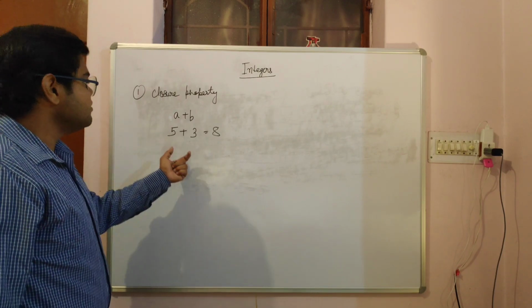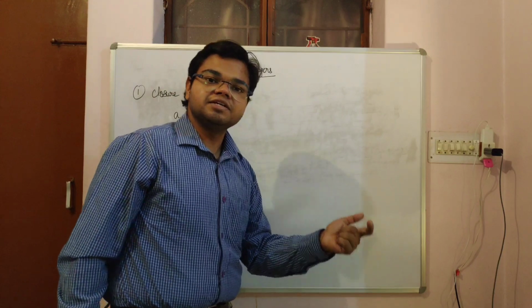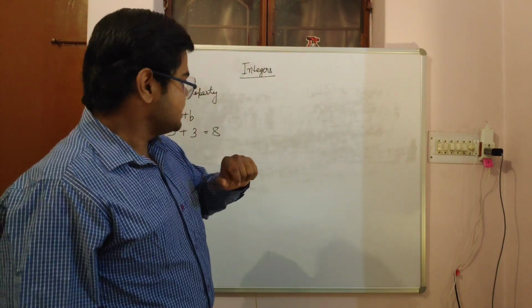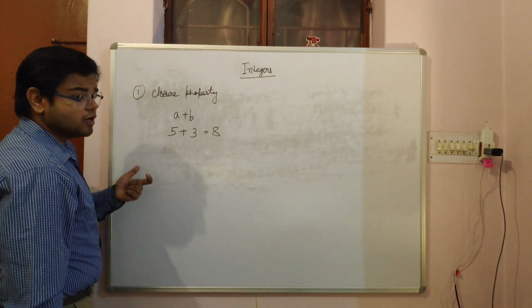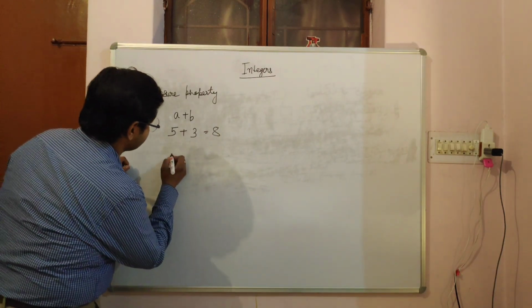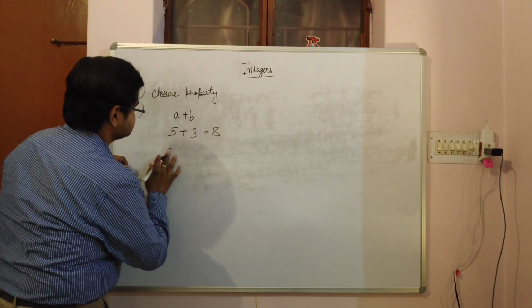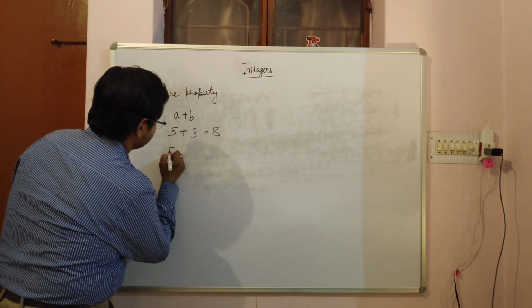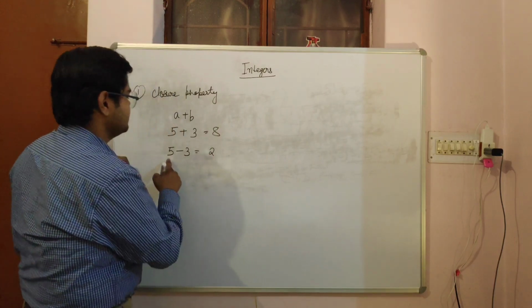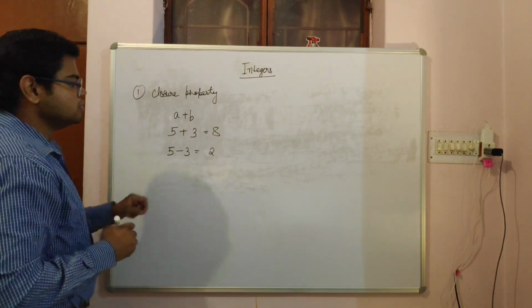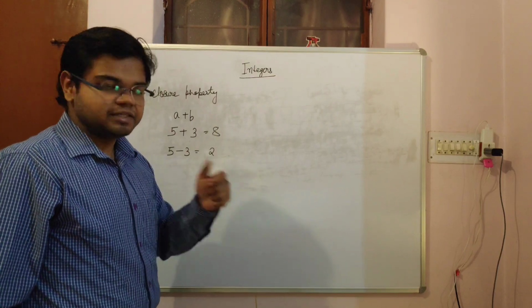That means if we add two integers, the result will also be an integer. And integers are also closed for subtraction. That means if you have two integers, a minus b, for 5 minus 3, the result will be 2, and 2 is also an integer.